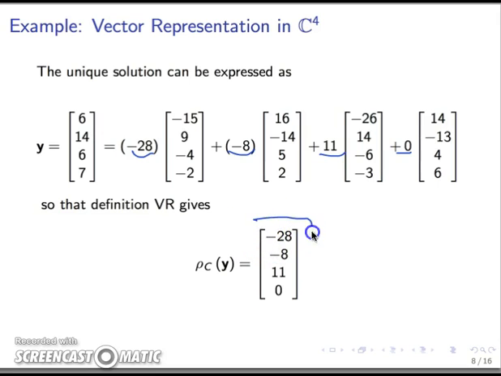They're collected into this column vector, which is what we call the vector representation of y relative now to a different set, a set that is linearly independent and spanning. That set is here called set C. So relative to that basis C, we have a representation that involves -28, -8, 11, and 0.